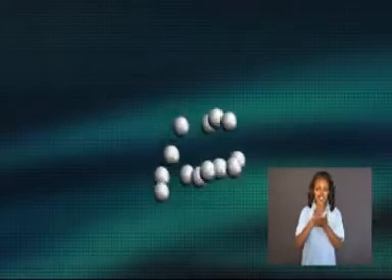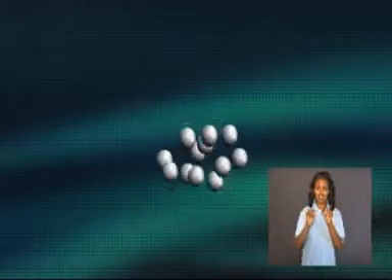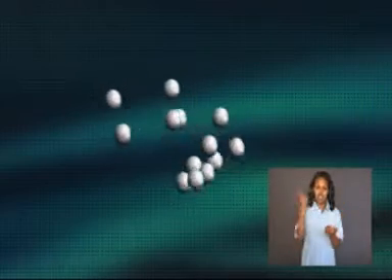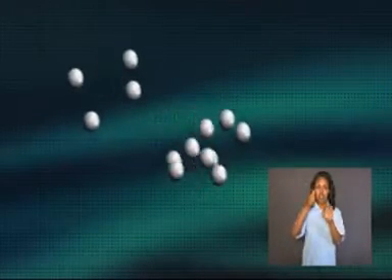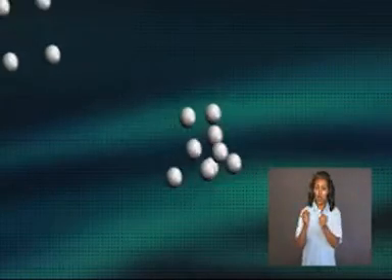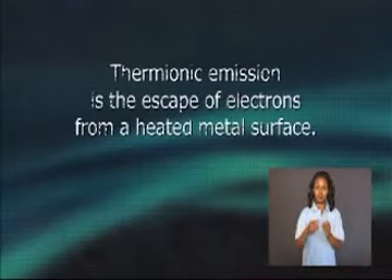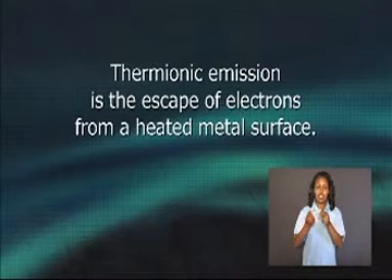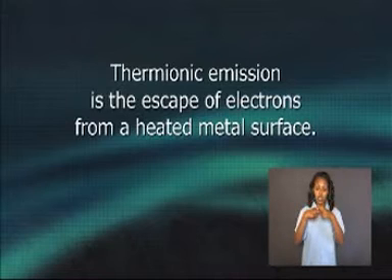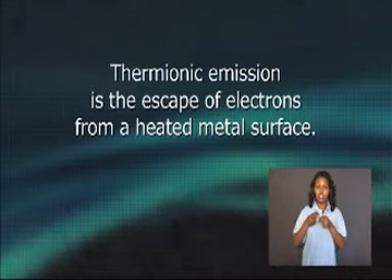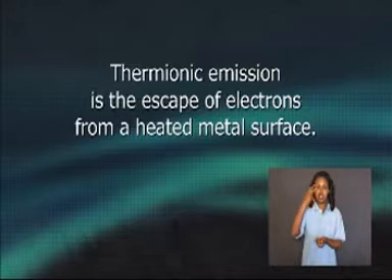Some even move so fast that they escape from the surface of the cathode and travel along wires in the direction of the cooler anode. This effect, caused by the escape of electrons from a heated metal surface, is known as thermionic emission.